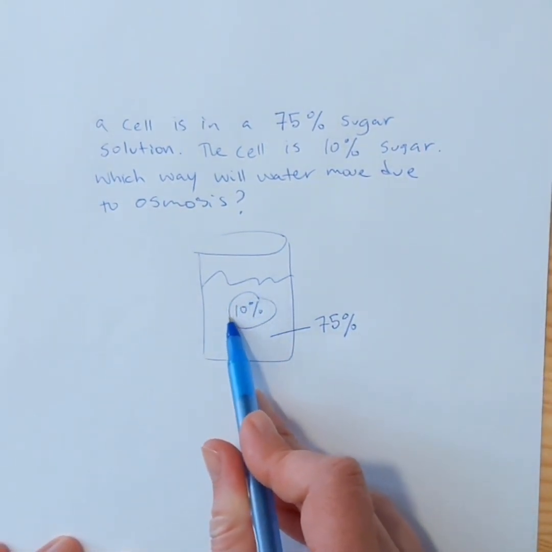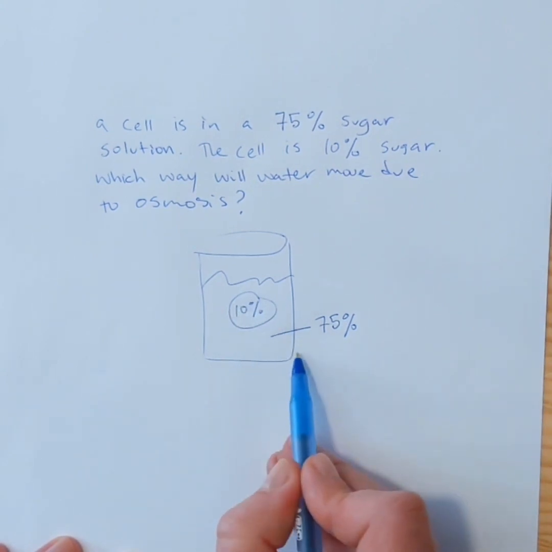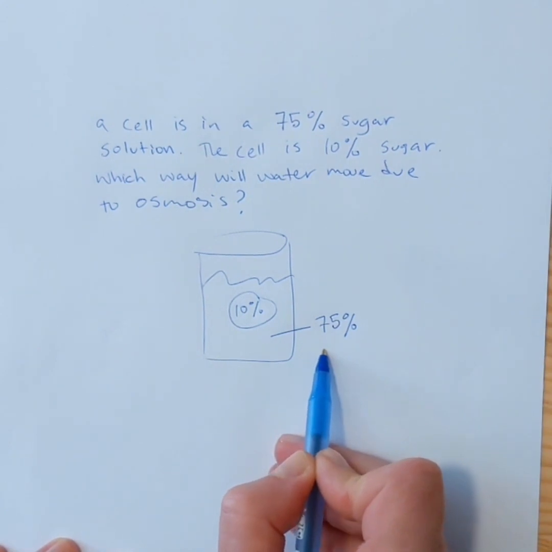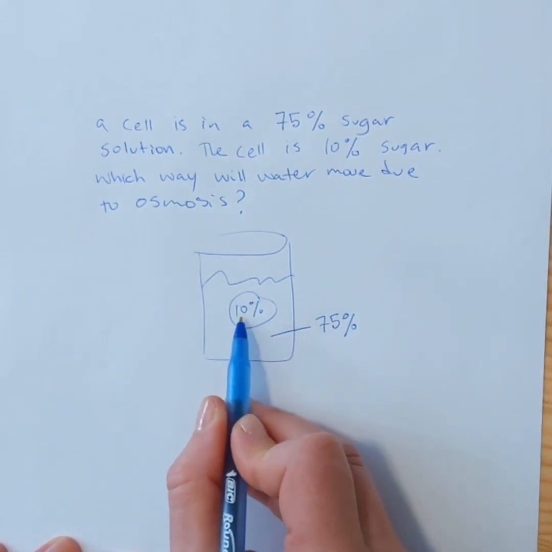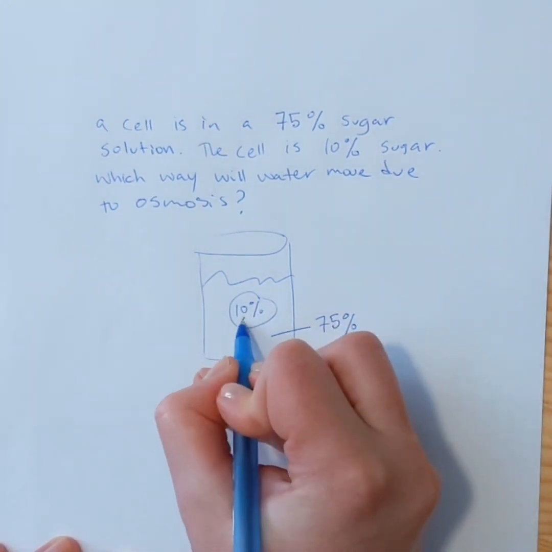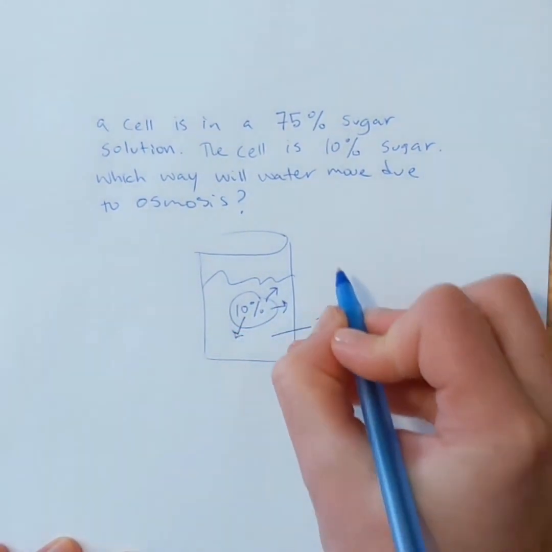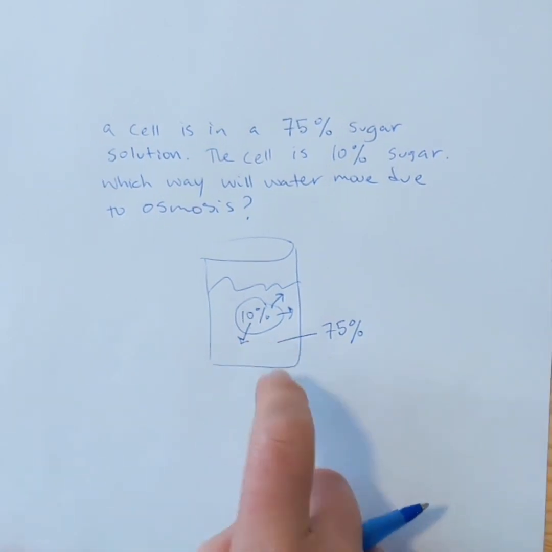That means that 90% of the cell is water, and over here only 25% of the solution is water. So there's a lot more water inside than outside, meaning the water will leave the cell. My cell will start to shrivel up and shrink.